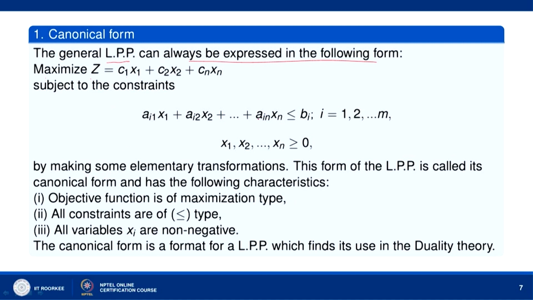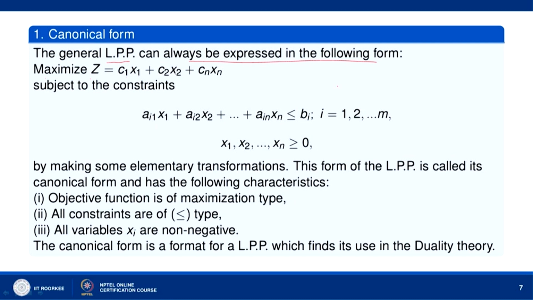So this general linear programming problem can be expressed so. Now, suppose a constraint is of greater than or equal to type instead of less than or equal to type, then we multiply that constraint by minus 1 and change greater than or equal to into less than or equal to.